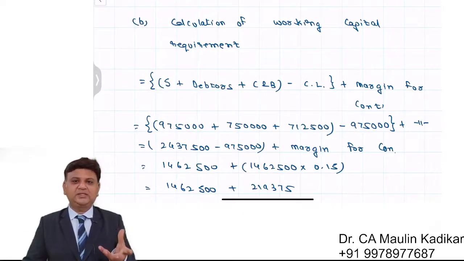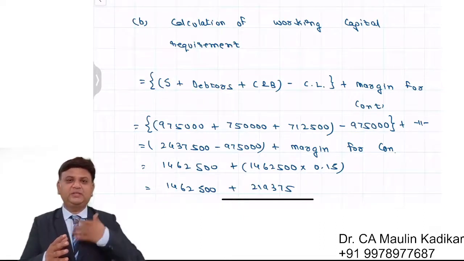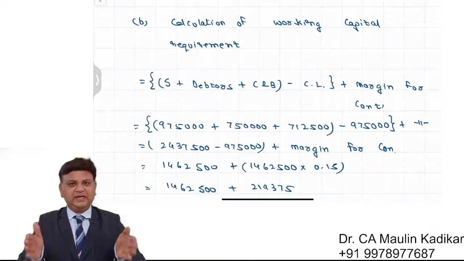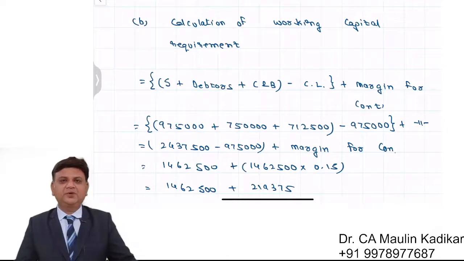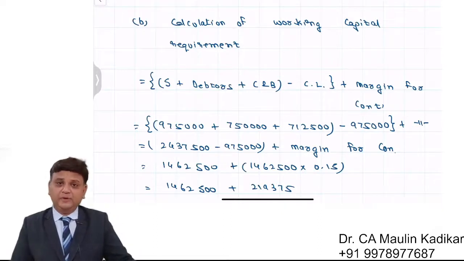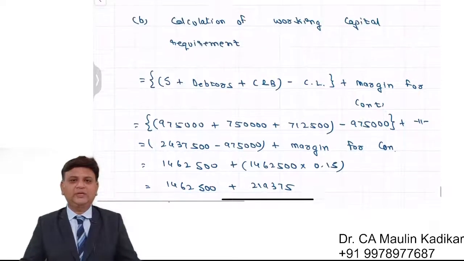In that, current assets minus current liabilities plus margin for contingencies. The term margin for contingencies stands for basically the company wants to know what is the working capital investment to be made in the business. Whatever the estimate that we have, to that certain margin is added because our estimate may prove to be wrong. That is the reason. Accordingly, we compute the total working capital requirement.